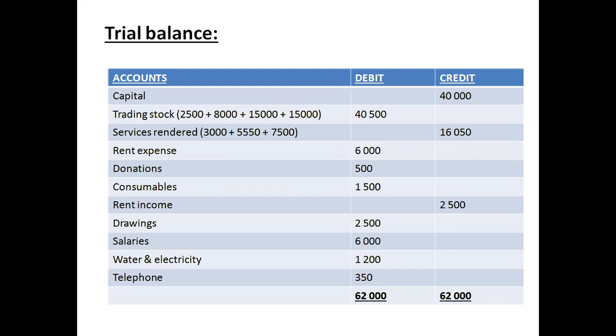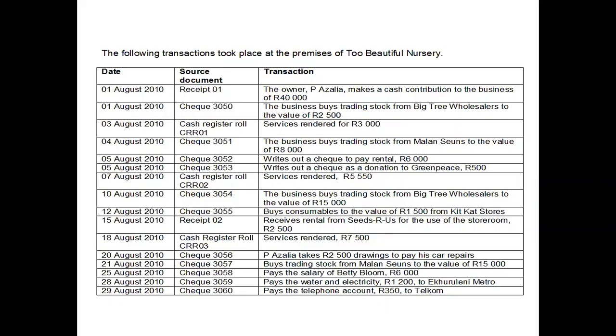Right, next one. I'm not going to repeat the date and the source document every time, because this is not really necessary. So with the transaction, the business buys trading stock from Big Tree Wholesalers to the value of 2,500 Rand. So it's about trading stock. Trading stock is an asset. So think of Lady Adelec.